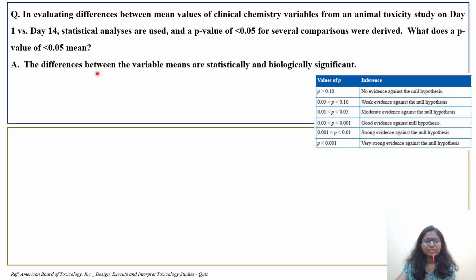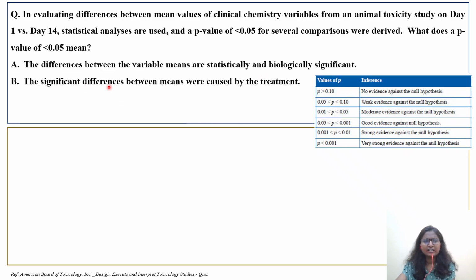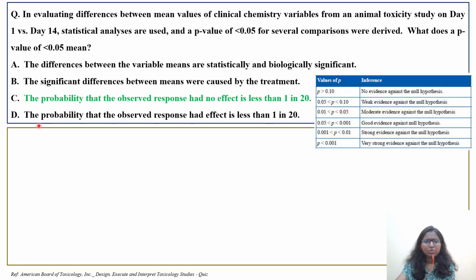The options are: the difference between the variable means are statistically and biologically significant; the significant difference between means are caused by the treatment; the probability that the observed response had no effect is less than 1 in 20; the probability that the observed response had effect is less than 1 in 20.